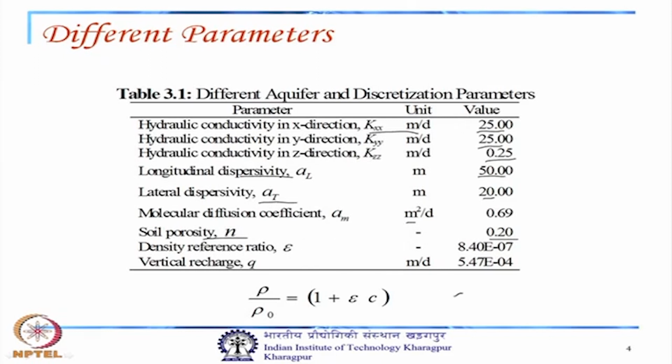Interestingly, previously we have used this alpha C divided by Cs. Now, this alpha by Cs is basically this particular epsilon. So, this is density reference ratio, and this is our vertical recharge, although it is having that small q notation, it is different from the pumping from extraction barrier wells.